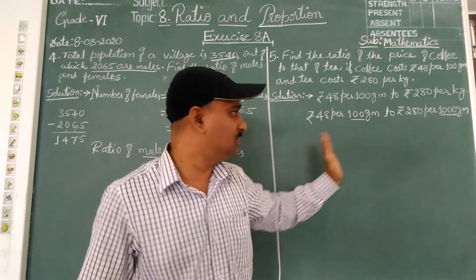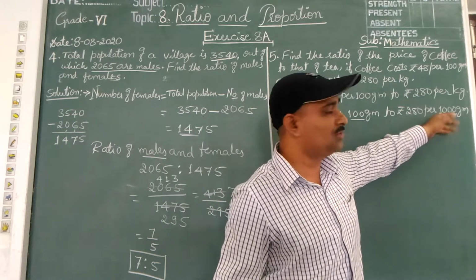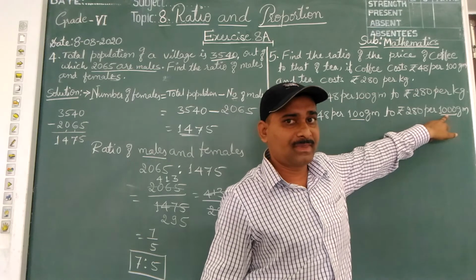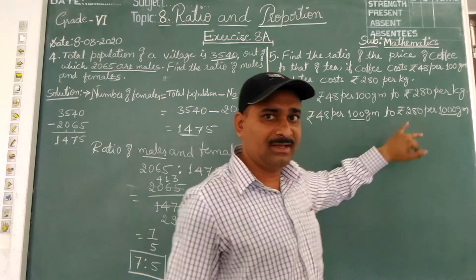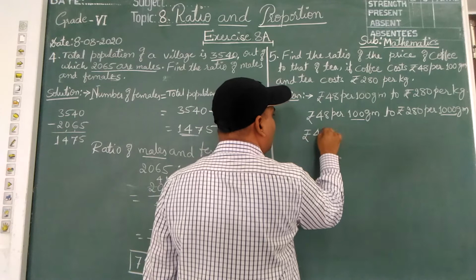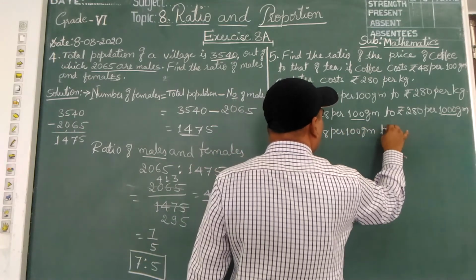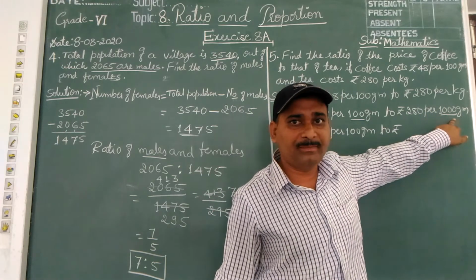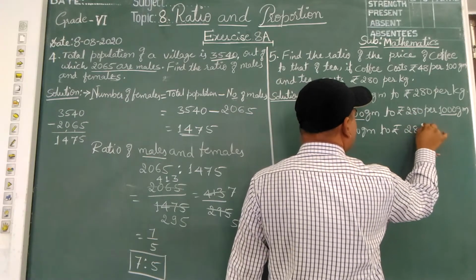I cannot find the ratio for 100 gram and 1000 gram. So let us convert this 1000 gram to 100 grams by dividing it by 10. Divide this also by 10, then you will get per 100 gram. So rupees 48 per 100 gram, and divide this by 10 to get per 100 gram. This is 28.